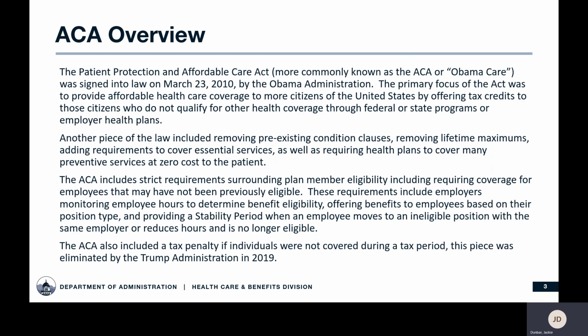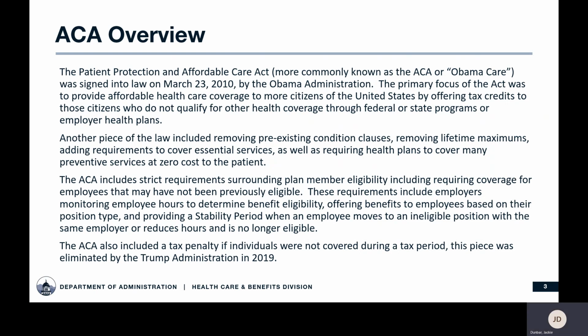Another piece of the law included removing pre-existing condition clauses, removing lifetime maximums, adding requirements to cover essential services, as well as requiring health plans to cover many preventive services at zero cost to the patient.